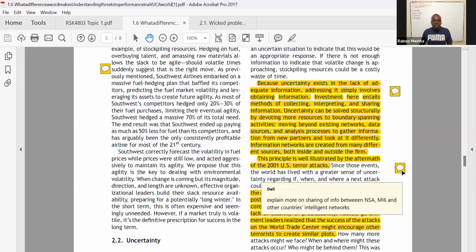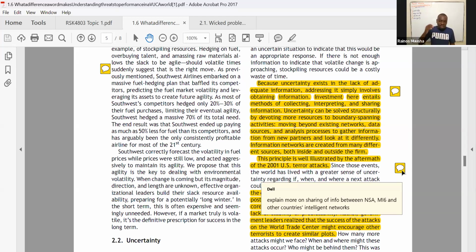So that's why you see that when you look at it from a countrywide perspective, like what happened when you look at the effect of the 2001 terror attacks, you find that the US started coordinating more with the other Western countries.